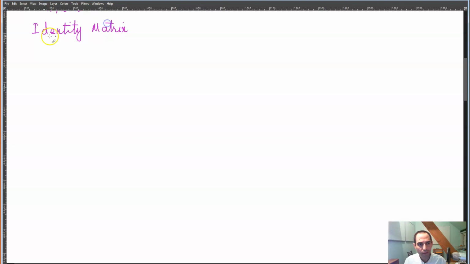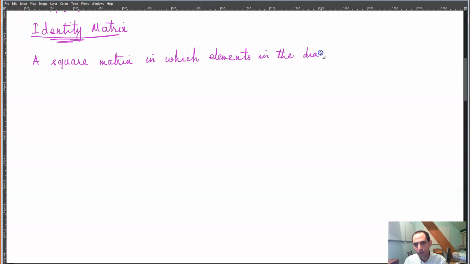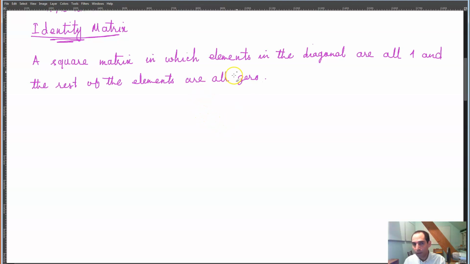What an identity matrix is by definition is a square matrix in which elements in the diagonal are all 1 and the rest of the elements are all 0. That is called an identity matrix.